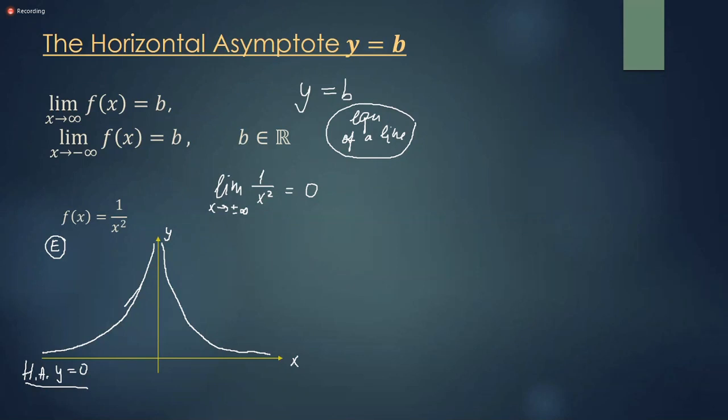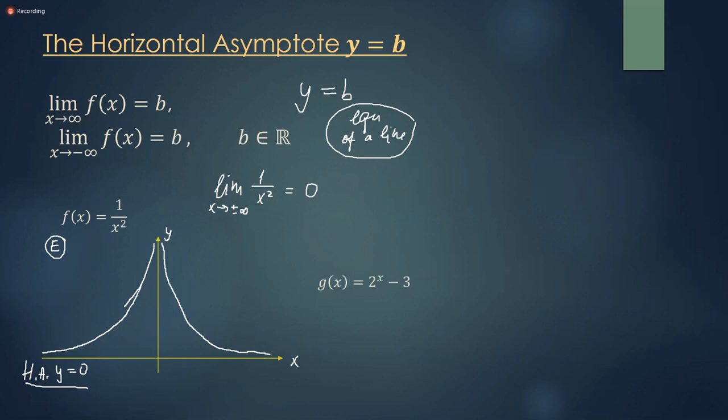So again, you see that this kind of information, even, odd, asymptotes, gives us additional information about the function and actually makes it easier to sketch the graph, to understand what's going on. So we look at this and we say, all right, the horizontal asymptote is the line y equals 0.